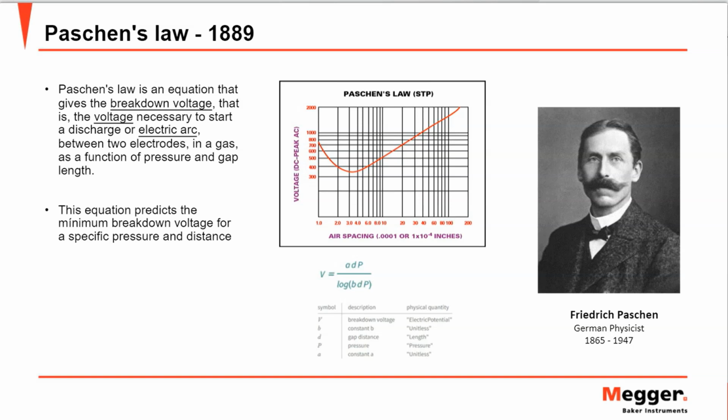He identified a minimum voltage of 327 volts between two conductors, or two electrodes, in order to create an arc. So think about this.